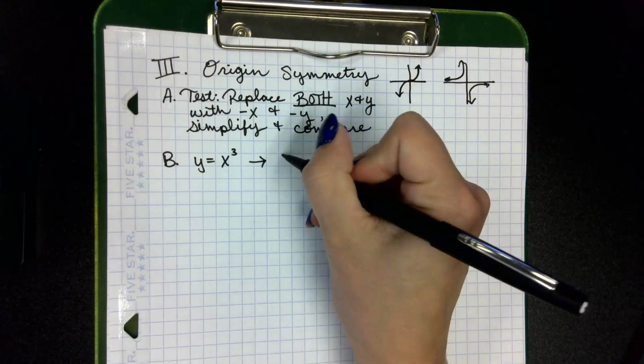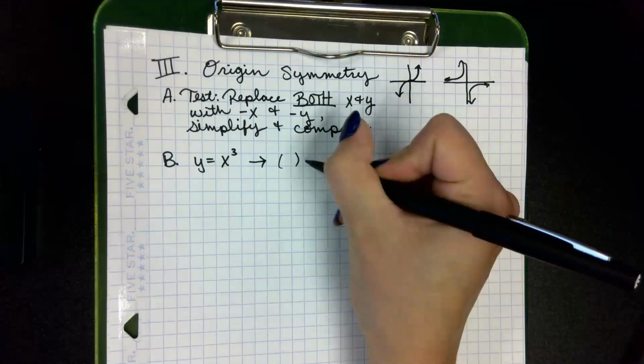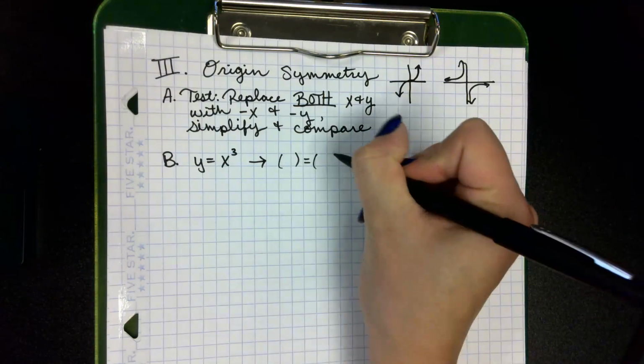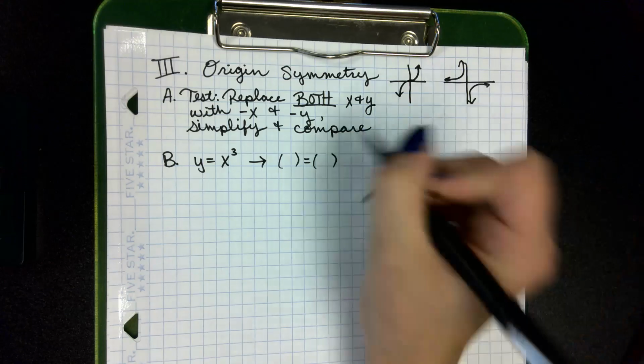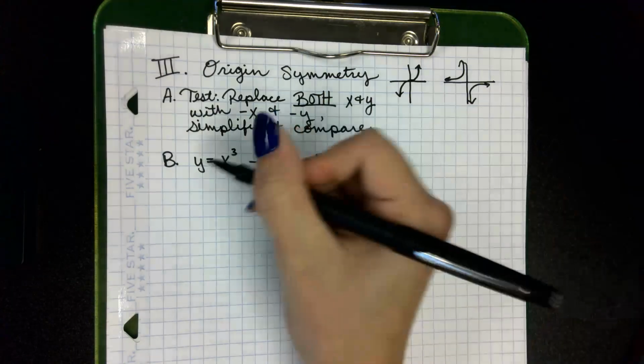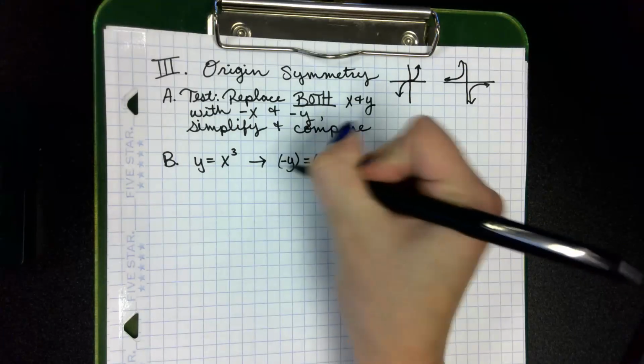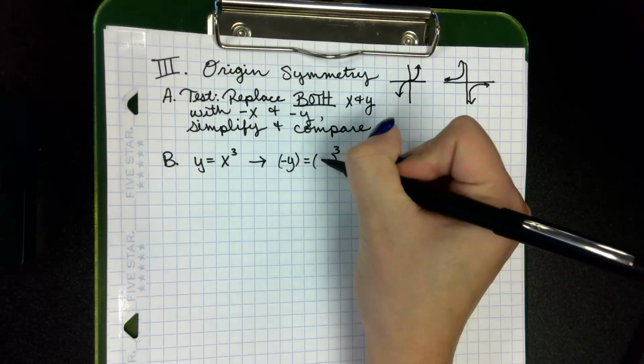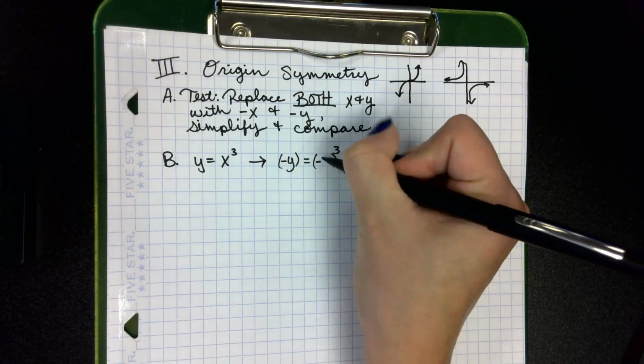So y, and I'm going to put a blank, equals x, I'm going to put a blank, because I'm putting blanks for x's and y's, to the third power. So my positive y is now a negative y. My positive x is now a negative x.